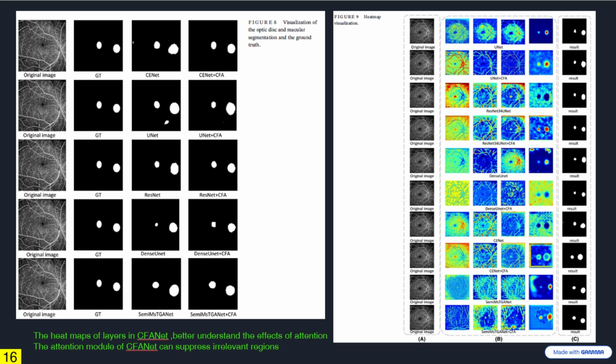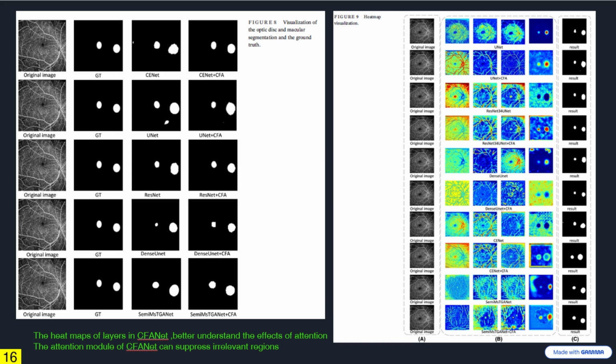We use several OCTA images from the ODMI dataset. The model with the addition of the CFA-Net can generate better results than the model without the CFA-Net framework. For the model without the CFA-Net framework, some irrelevant regions may still be identified, specifically the segmentation of some irrelevant regions in the 5th row of Figure 9 here.